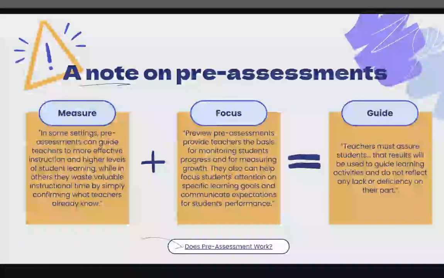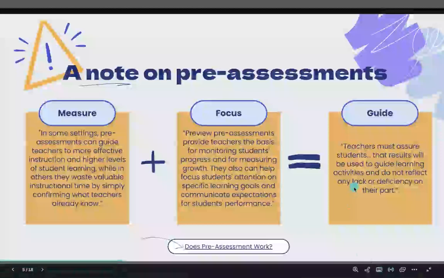Your results from this assessment do not reflect a deficiency on the student's part or the teacher's part when looking at the data, right? This is truly just a beginning of year assessment to determine a benchmark for where students are for the end of the school year. That transparency with both teachers and students, in my opinion, is critically important for the success of these assessments and of your TIA program. So that's number one.